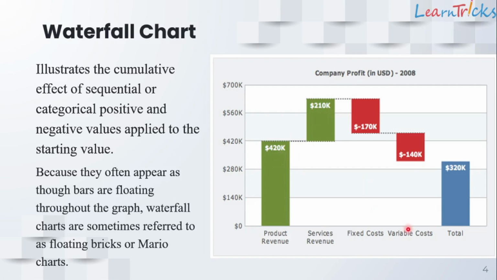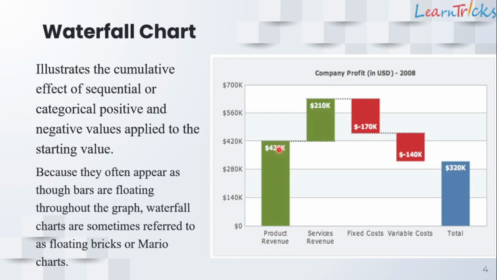Again, there is one more, the variable cost, which will again be minus 140k. The revenue total was something like 630k, so from the 630 we will subtract 170 and 140. So this will be approximately 310k.